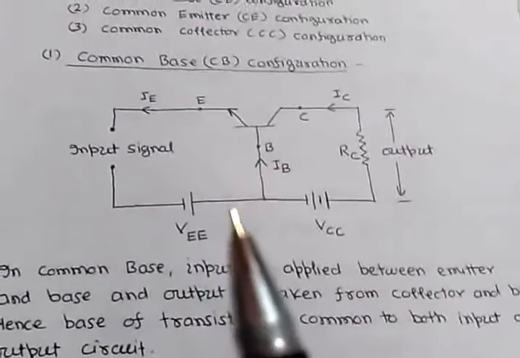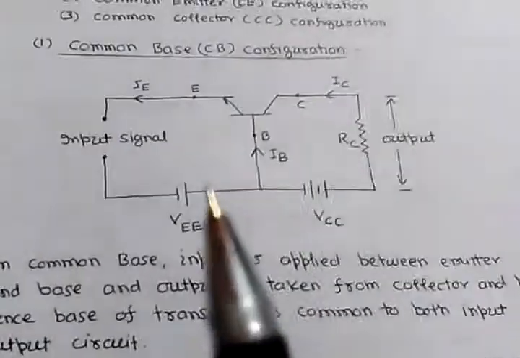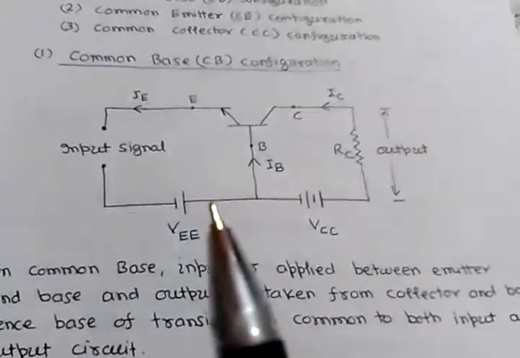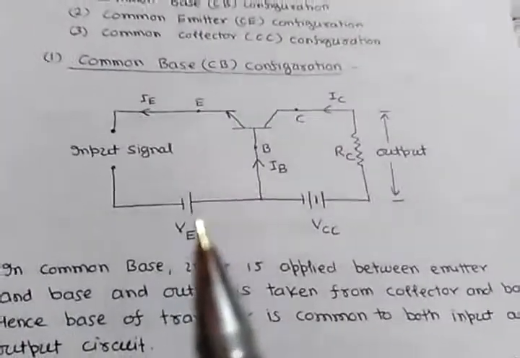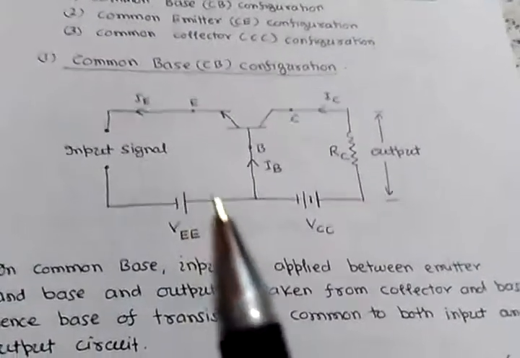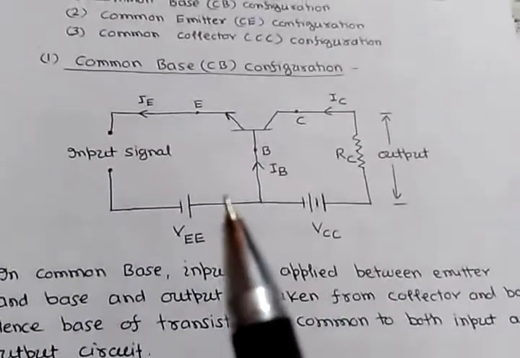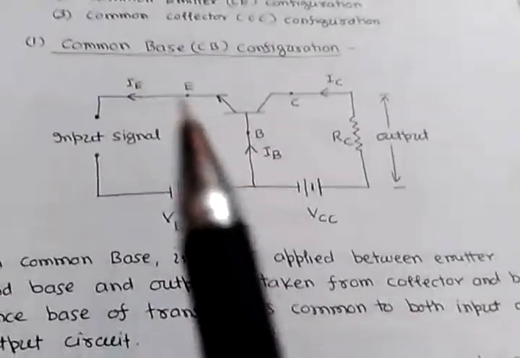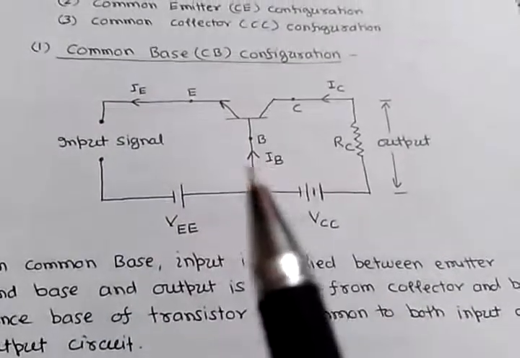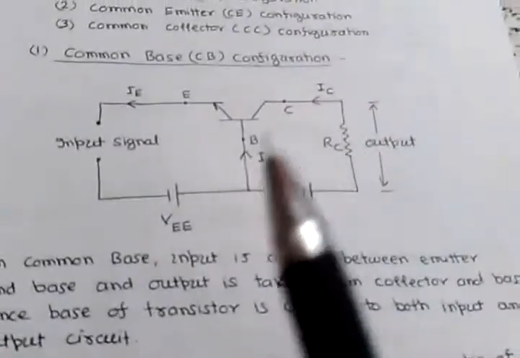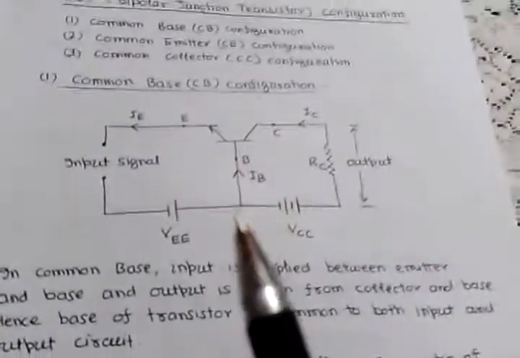For example, if we want to use the transistor as an amplifier, then it should work in the active region, and for active region, the emitter base junction should be forward biased and the collector base junction should be reverse biased.